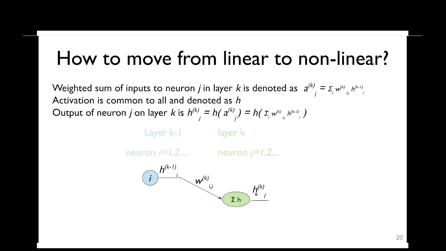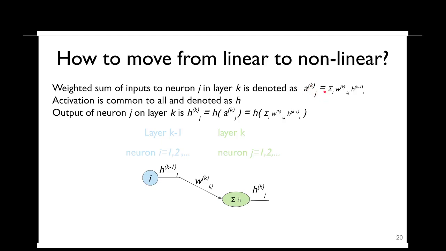Now, how was this result of the neuron computed? Because it is the result of a weighted sum and an activation h. So let's write that up also properly. So we have the weighted sum of the inputs to neuron j in layer k, and we denote this as a^k_j. So a in the layer k for the neuron j.